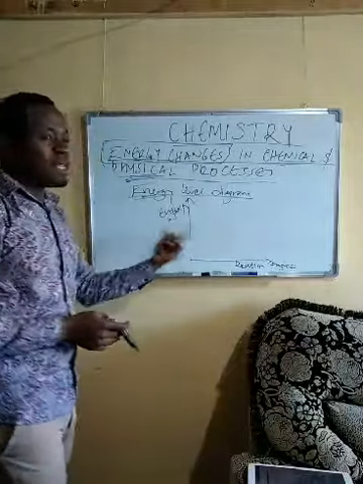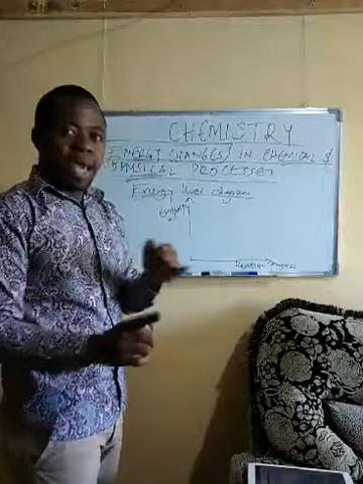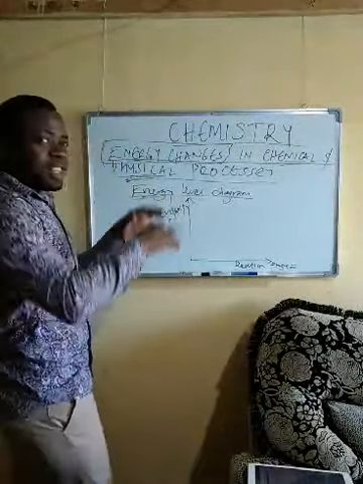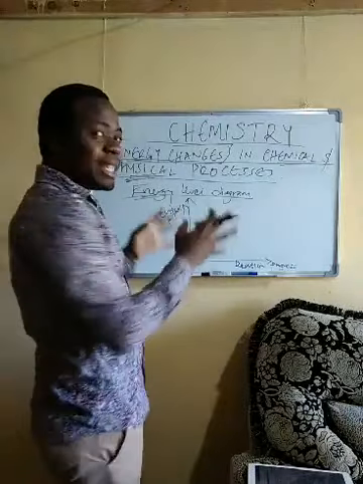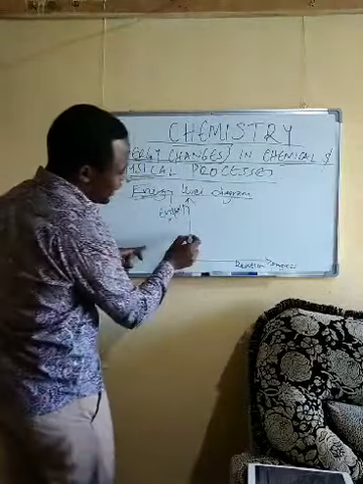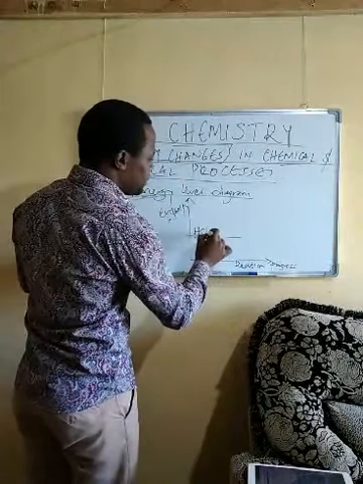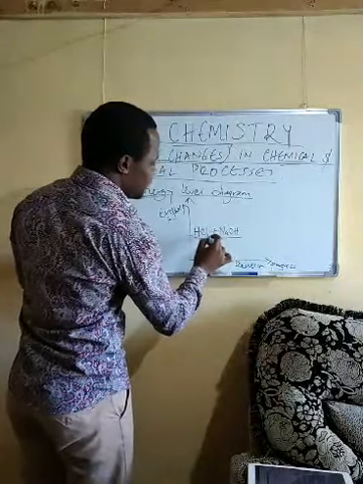Now I want us to use the same reaction that I was using, sodium hydroxide reacting with HCl. Now the energy content or the enthalpy of the reagents initially, we're going to place it here, just a figure I'm picking, and we have HCl reacting with sodium hydroxide.